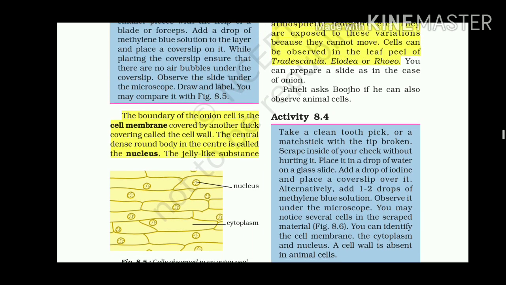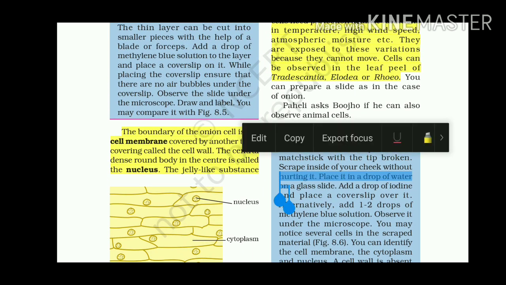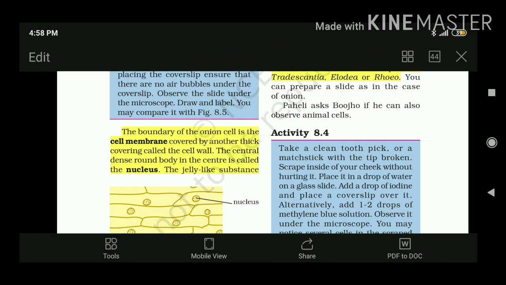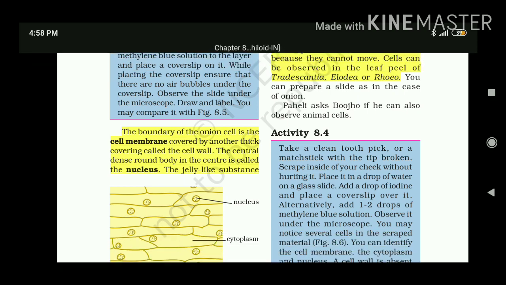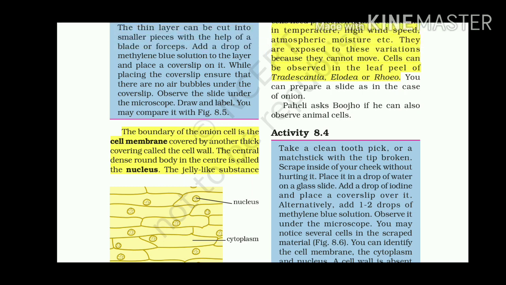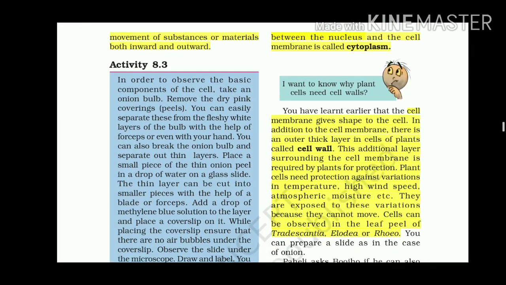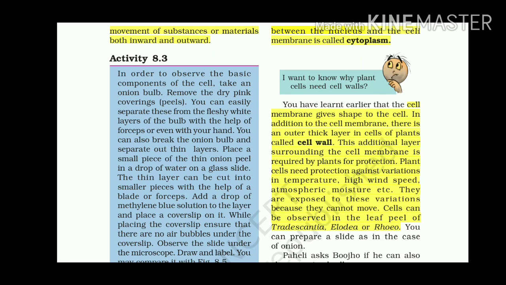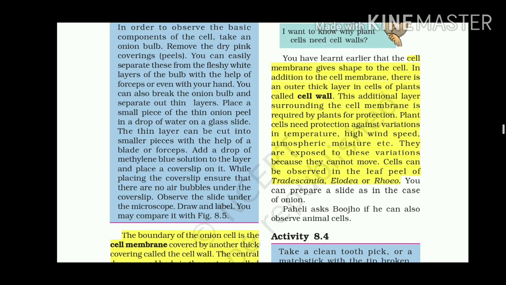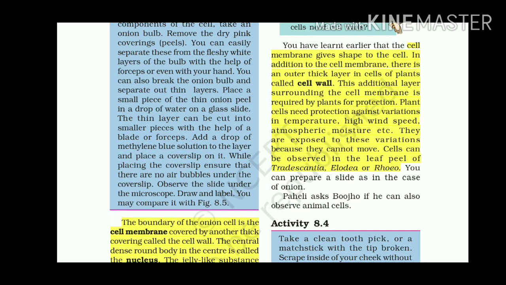The boundary of the onion cell is the cell membrane covered by another thick covering called the cell wall. The central dense round body in the center is called the nucleus. The jelly-like substance between the nucleus and the cell membrane is called cytoplasm. You have learnt earlier that the cell membrane gives shape to the cell.